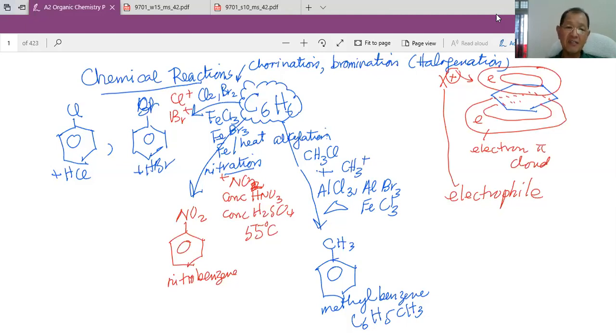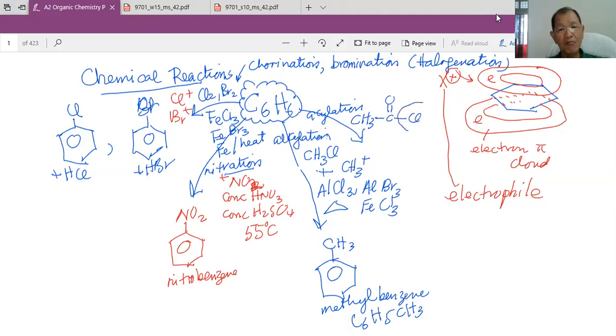Lastly, in electrophilic substitution, of course, is acylation. I want to introduce the C double bond O group. So we use this further here, C double bond O, and the chlorine here.